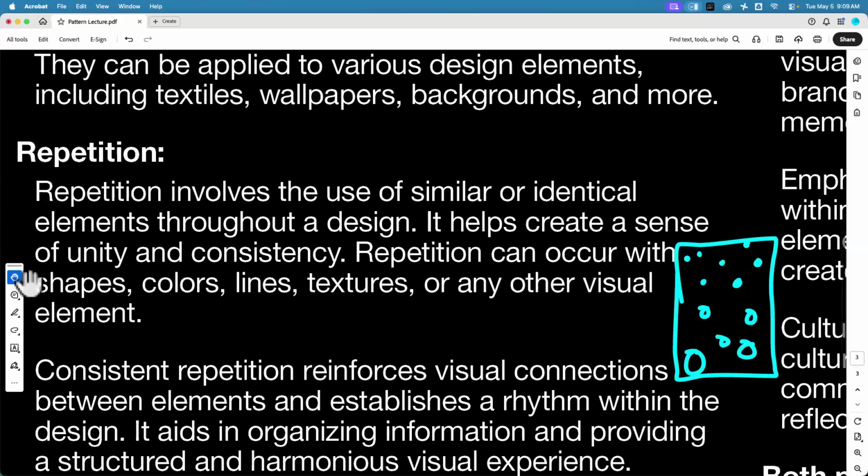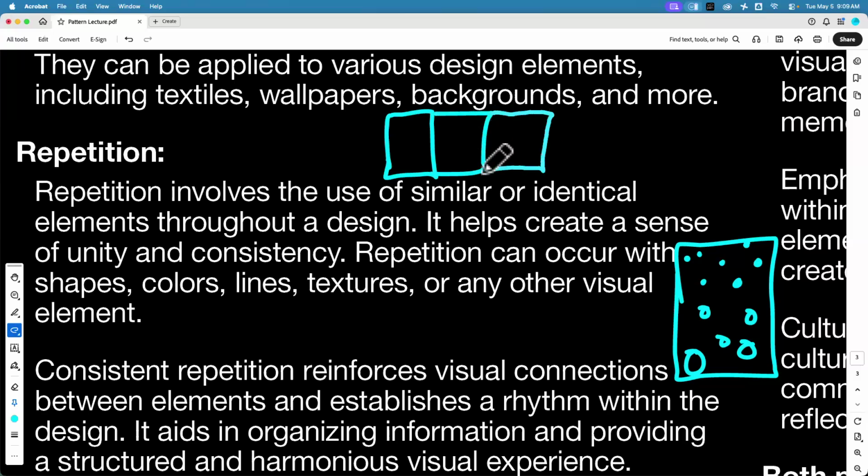Or say we had a brochure that's 3 pages and we have a fancy line, and we use that fancy line everywhere. This is repetition, because it goes fast.